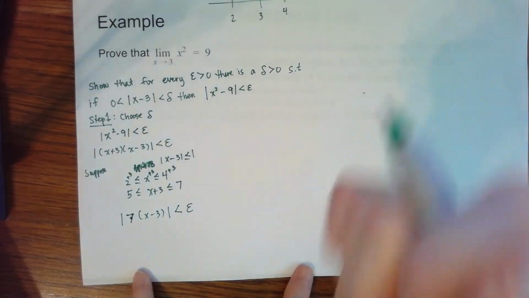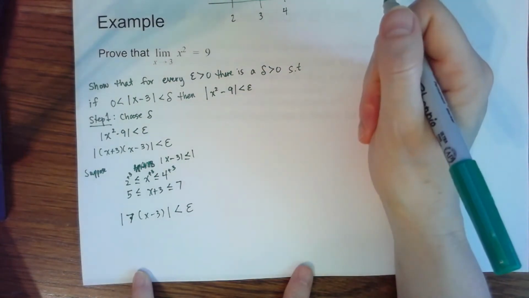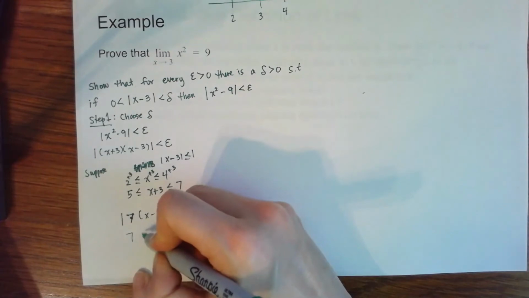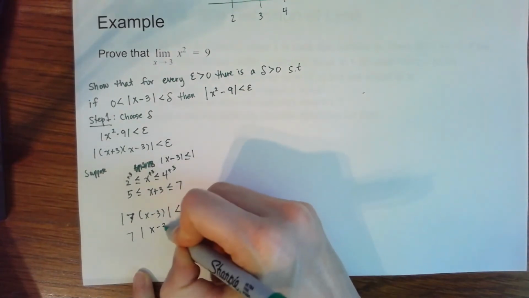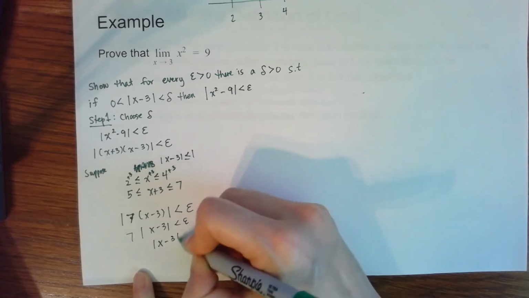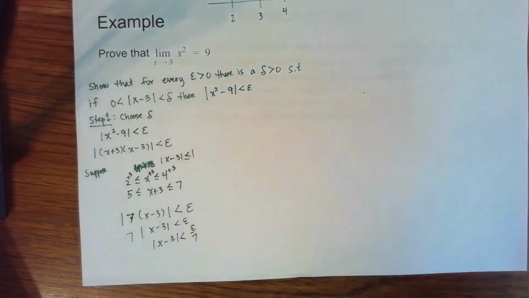So I've got that. And so now 7 is always positive, I can take that out. And so that would give me |x minus 3| is less than epsilon over 7.